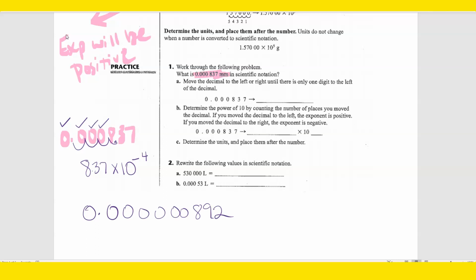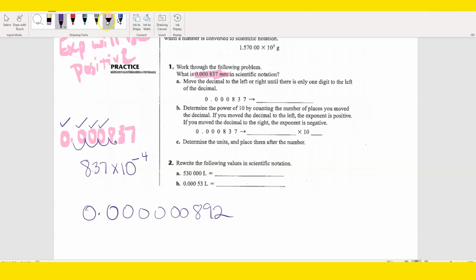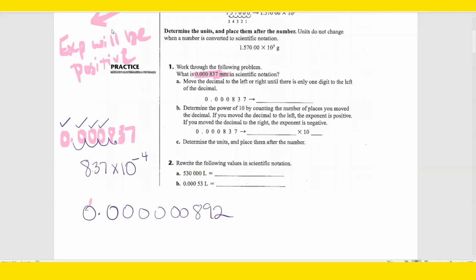Okay, let's go ahead and count those zeros and we can see how easy this is. We've got 1, 2, 3, 4, 5, 6, 7. Guess what? That's going to be my exponent, but to the negative power. And then I'm going to write 8.92. See how simple that is?